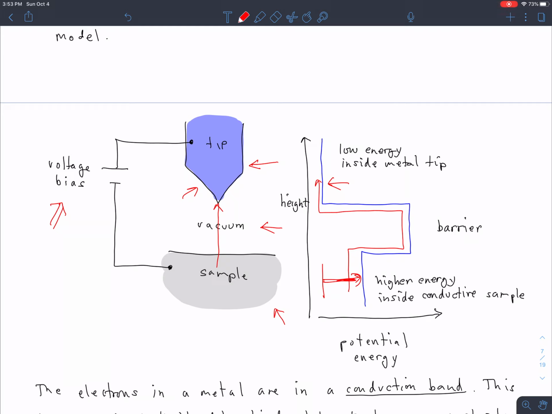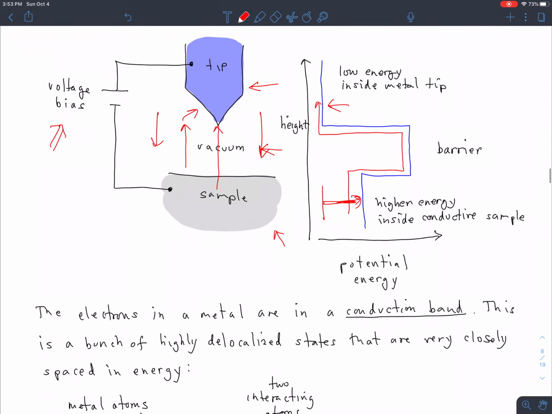The electrons are basically being, statistically at least, sucked from the sample toward the tip. Now, you can reverse the voltage so that it's going the other way, and then you can push electrons from the tip into the sample. It doesn't matter which way the voltage goes, but you can, and you can adjust the value of the voltage. We'll see all these things as we're doing the experiment.